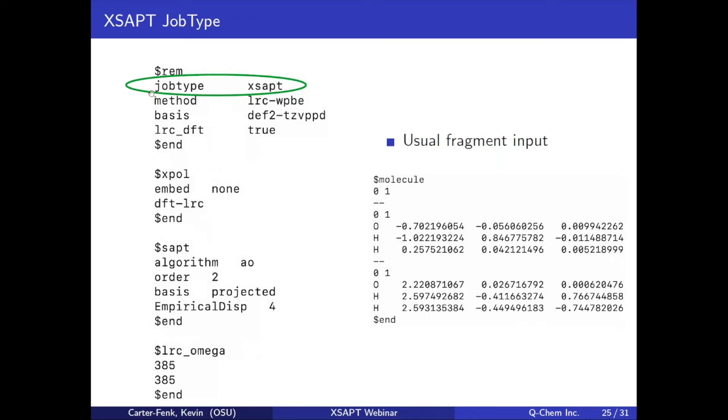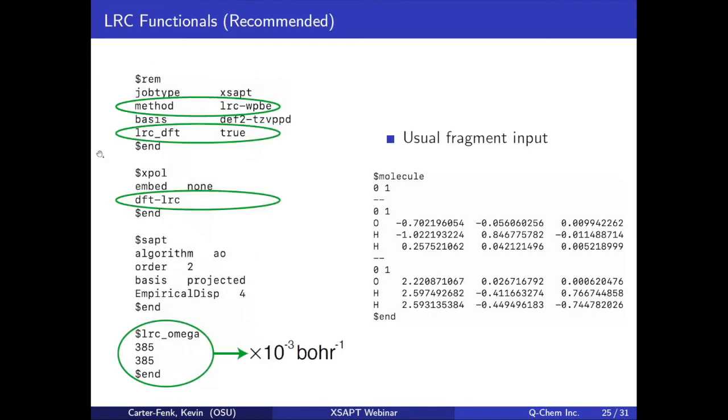REM input looks like. So you want to specify job type equals XSAPT, and long-range corrected functionals tend to perform the best for hydrogen bonding, and in general, they're the best for the SAPT KS approach.